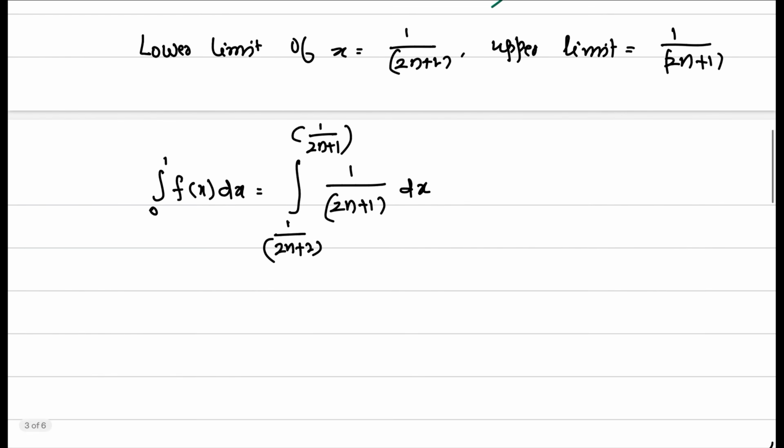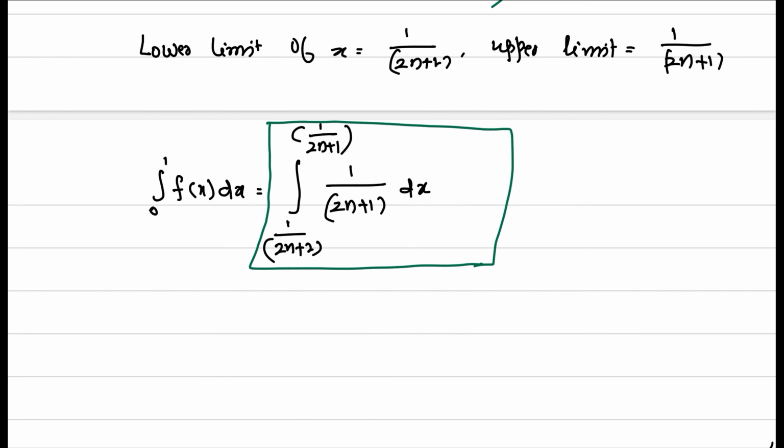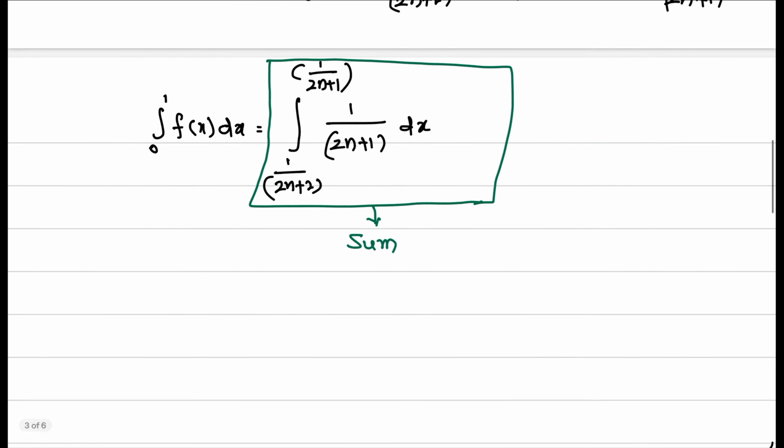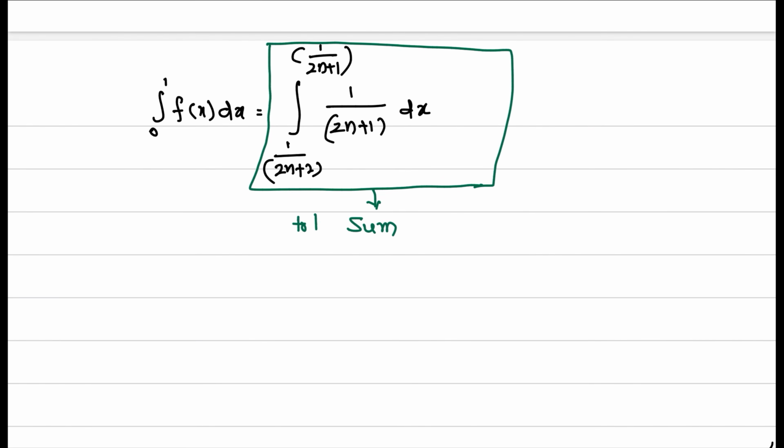And here you should not miss that it is not only the integral. It should be a sum, because integration is sum.